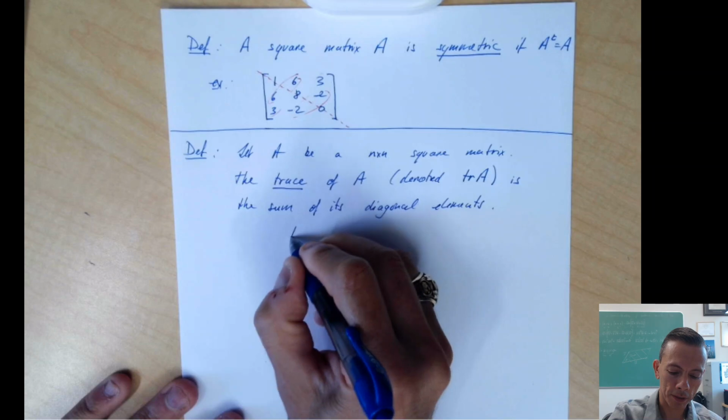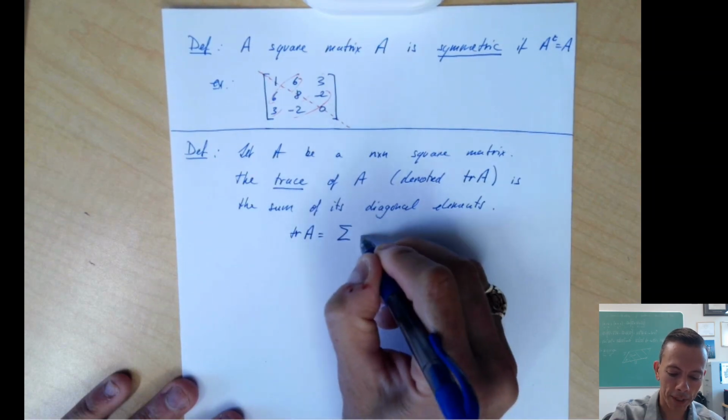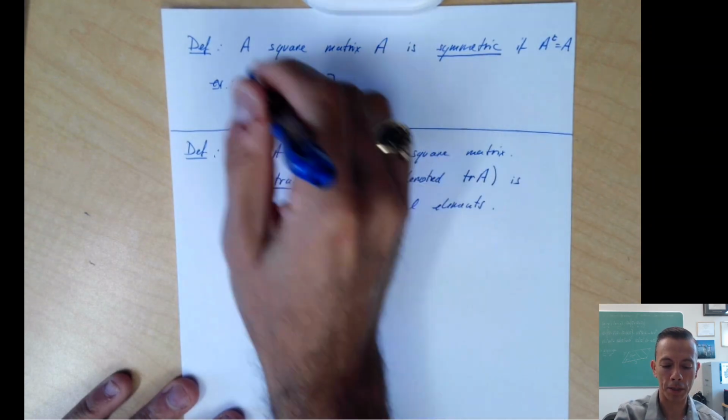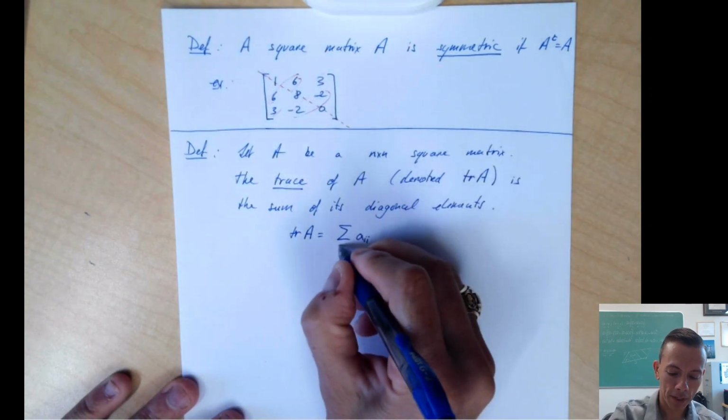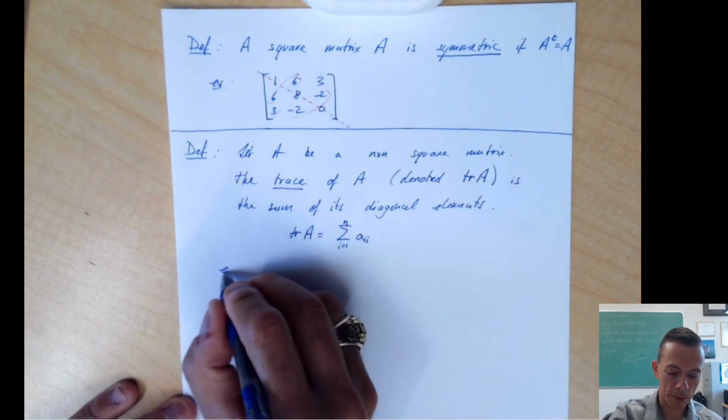So mathematically you can write this as TRA is the sum of all the elements of the form AII. These are the elements on the main diagonal from 1 to n.